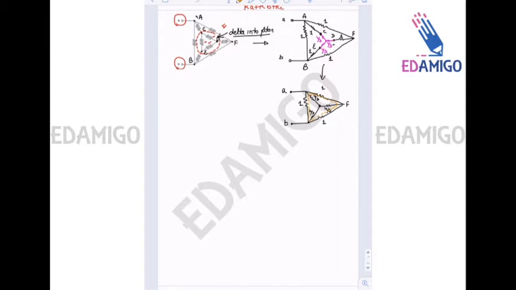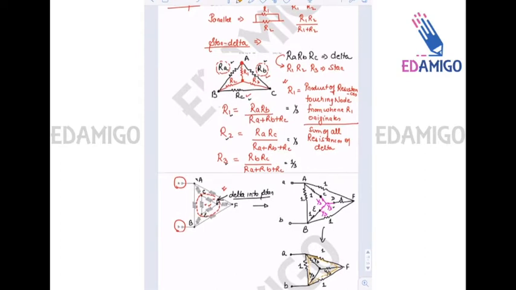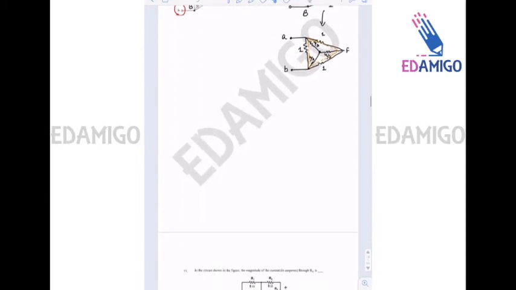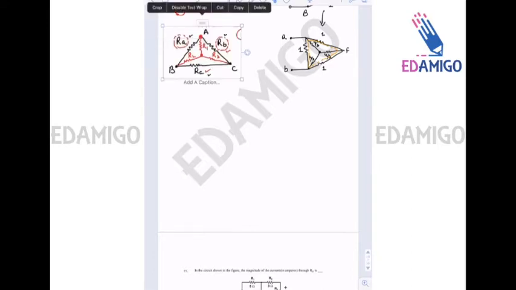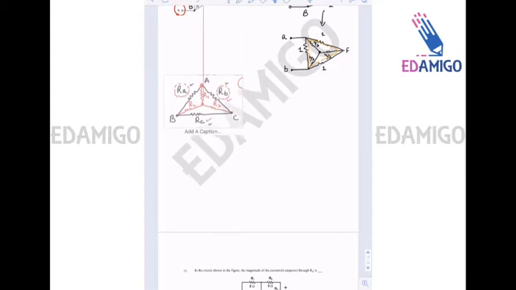Okay, so I will copy this figure again. Here we need to convert.